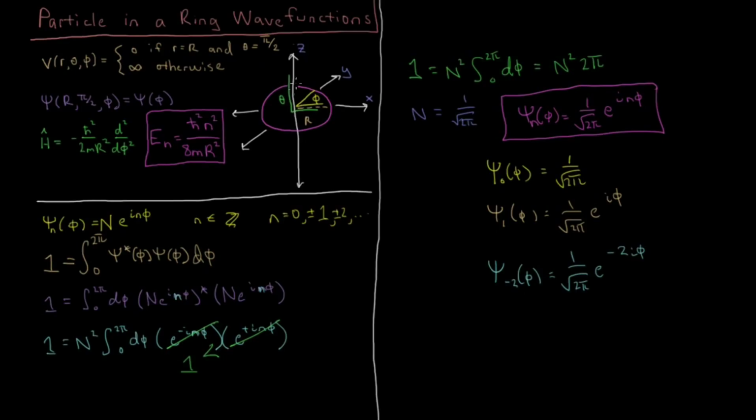If we picked a specific orientation to this axis, at every n not equal to 0 you've got 2 states at the same energy, one in which the particle is traveling to the left, one in which it's traveling to the right, or just in opposite senses. There's no right or left on a circle, but we have 2 wave functions where the particle is at the same energy but traveling in different directions here. And that's the result for our wave functions for our particle in a ring.